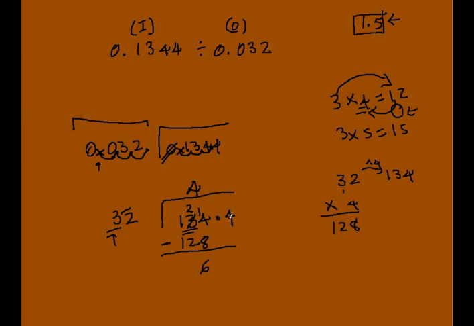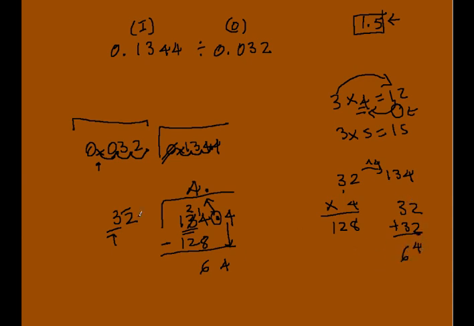Again, that decimal point, before you move on to the 4, and before you're able to bring down the 4, that decimal point here, you have to kick it up. You have to get rid of it and kick it up here. Now we can bring down the 4. And now we can see how many times 32 goes into 64. Again, if you add 32 and 32, what do we get? 2 plus 2 is 4, 3 plus 3 is 6.